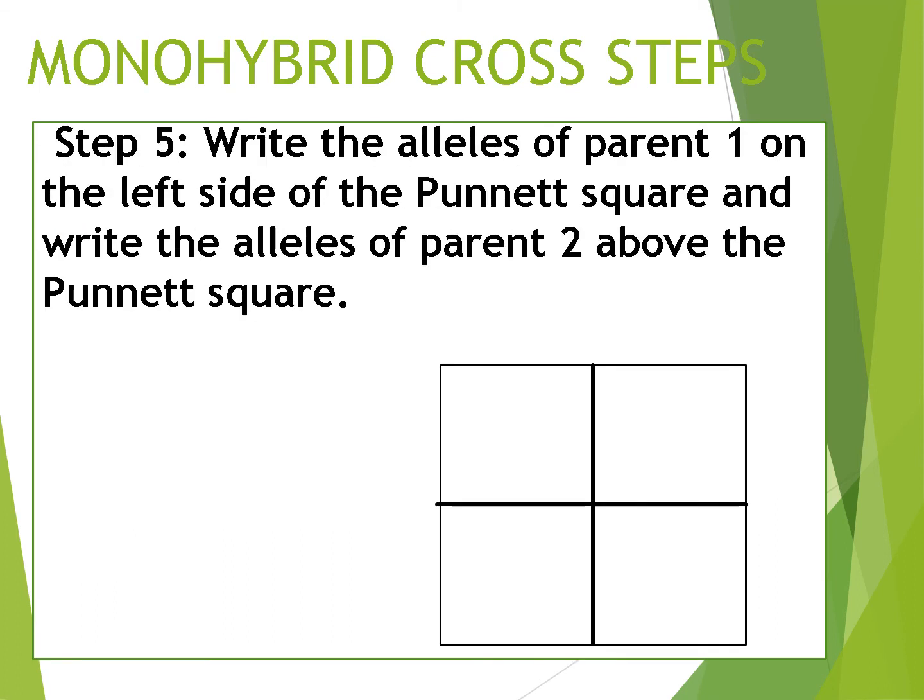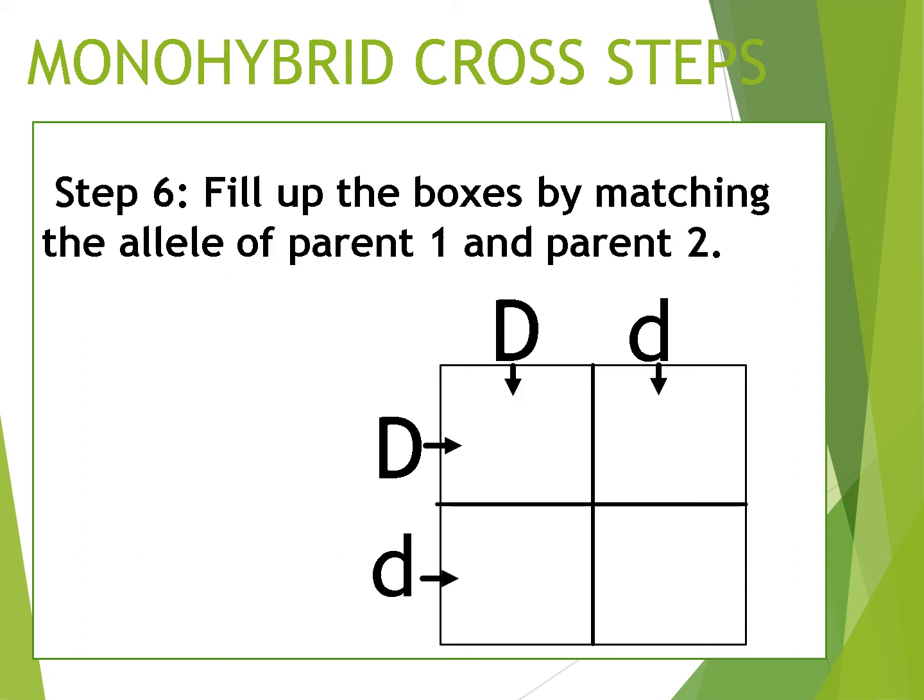Step 5. Write the alleles of parent 1 on the left side of the Punnett square and the alleles of parent 2 above the Punnett square. After that, we can proceed with step 6. Fill up the boxes by matching the allele of parent 1 and parent 2.